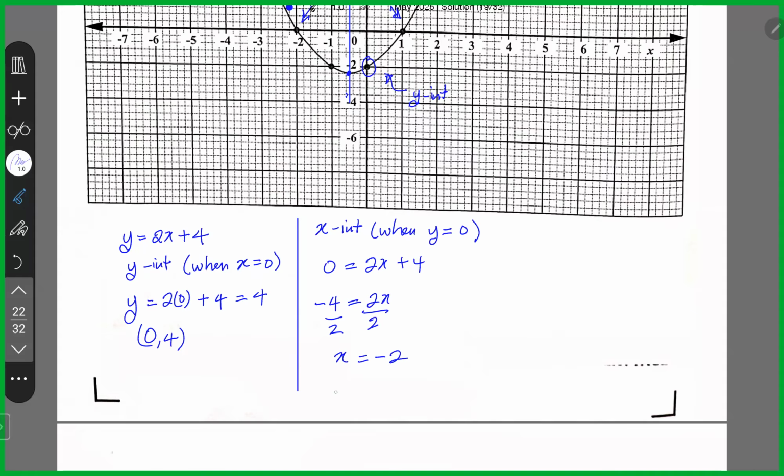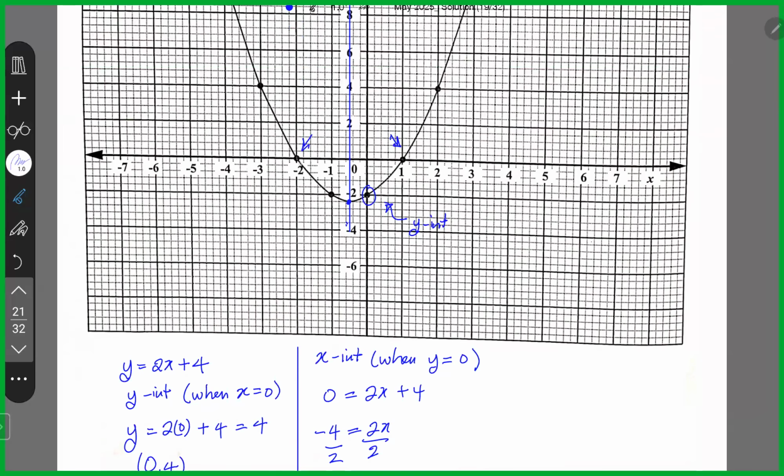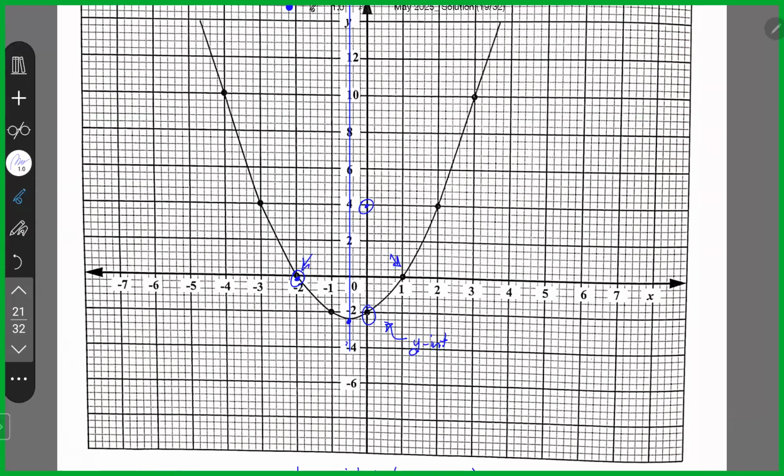So this point is minus 2, 0. So minus 2, 0 and 0, 4. Minus 2, 0, that would be here. And 0, 4, that would be here, are 2 points on the straight line.